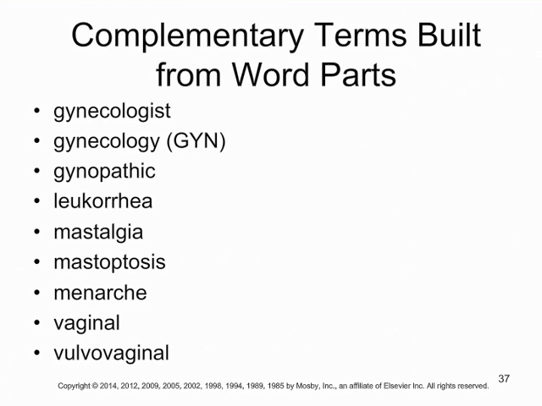Leukorrhea is white discharge. In this case, we're talking about white discharge from the vagina area, as could be seen in a yeast infection, for example. Mastalgia. Algia is a suffix that means pain. So this would be breast pain for some reason. It could be breast cancer.